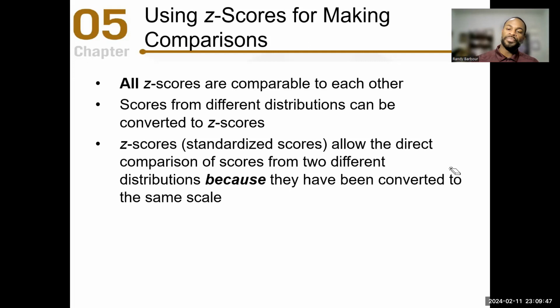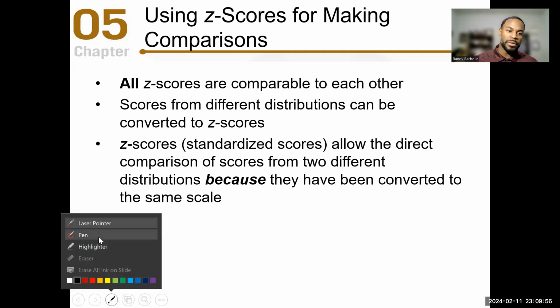So if we're talking about my Z-score for my IQ, let me go here and see if it works.